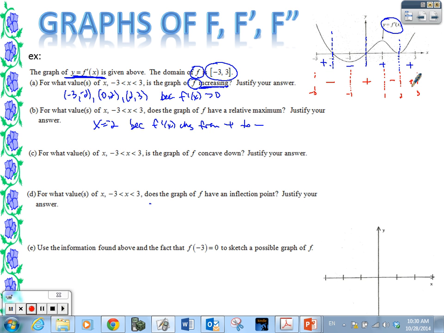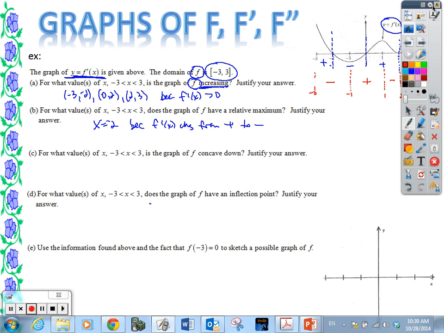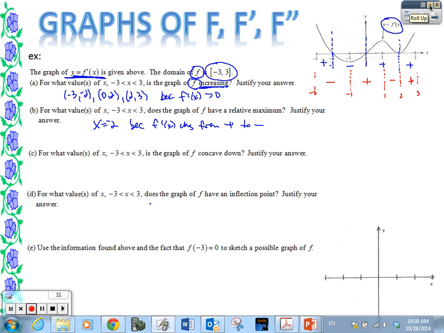So let's take a look. We have concavity. We're looking at concave down. So now that we have this basically written out, where am I going to be concave down? Now we want actually concavity, so we're looking at an interval, right? We're concave down when the second derivative is negative.